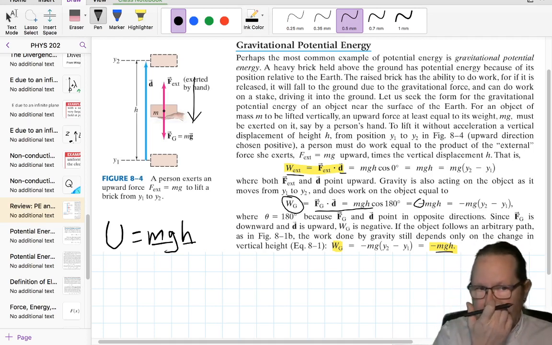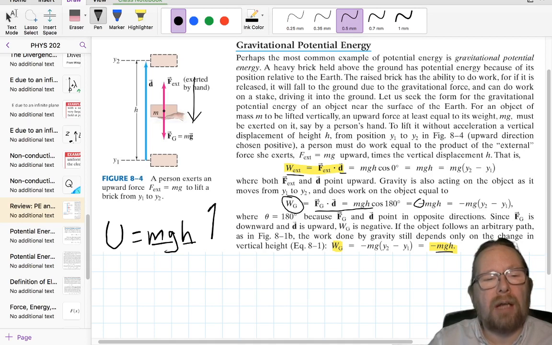And that's important. When you increase something's potential energy in a force field by lifting it up against the field, you do positive work, but the field, the force that you're working against, does negative work.